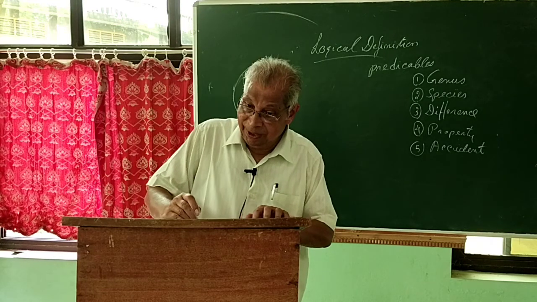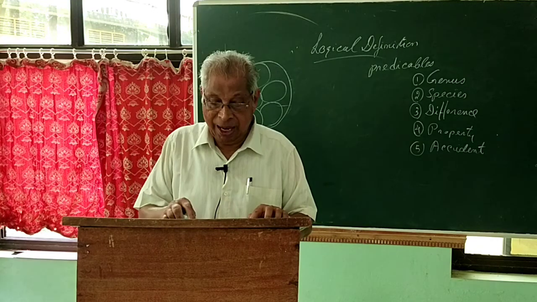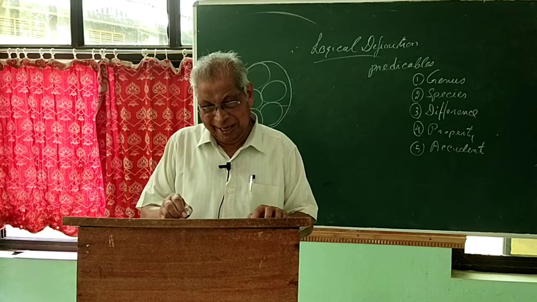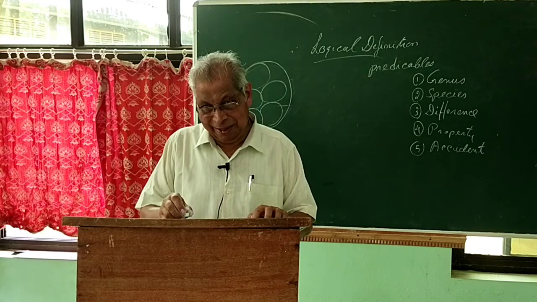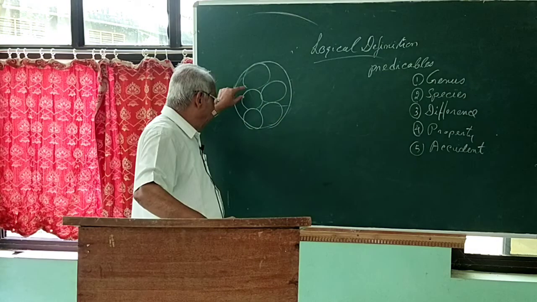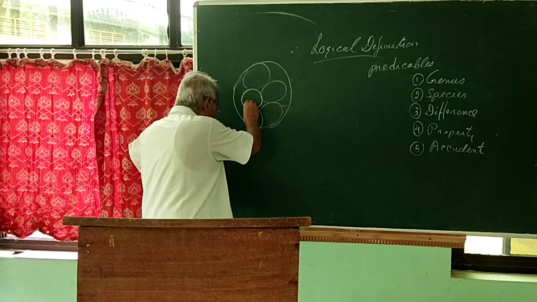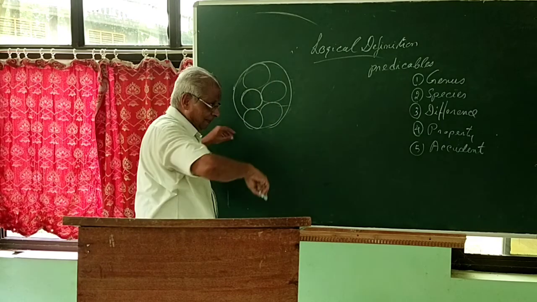And then difference, the essential characteristic that distinguishes one species from others in the genus. Now, for instance, I said genus is a big class containing subclasses. And why is this a subclass and how is it different from other classes?